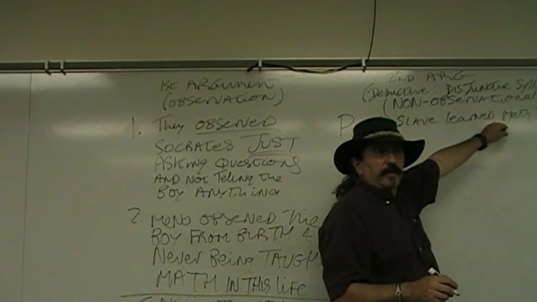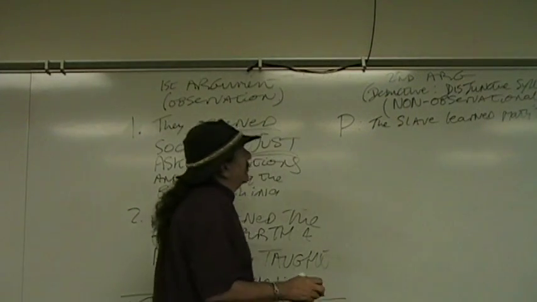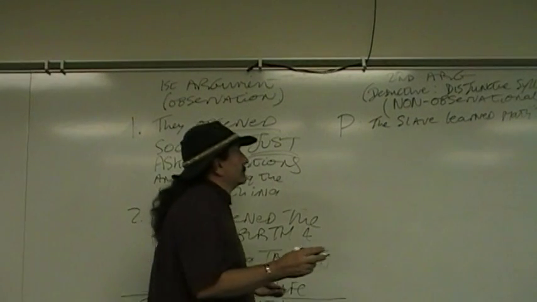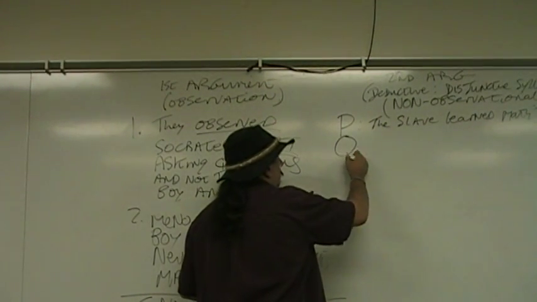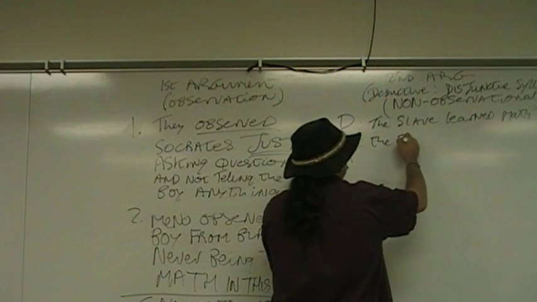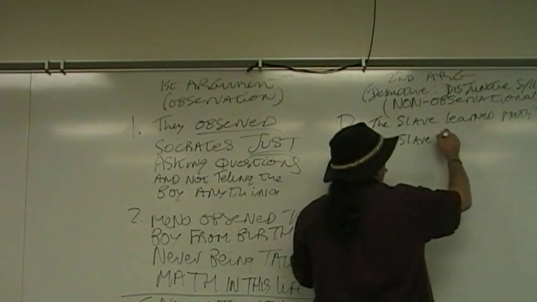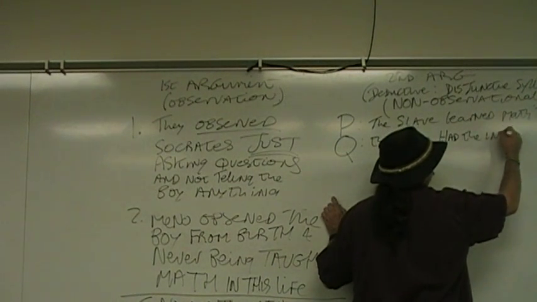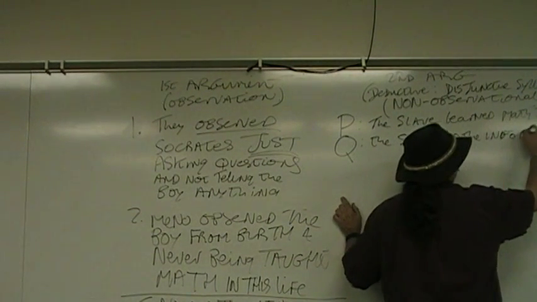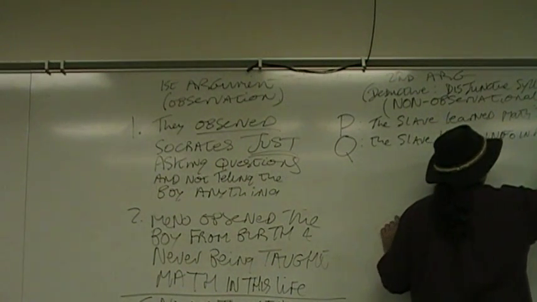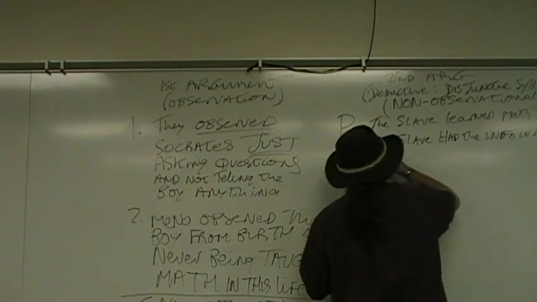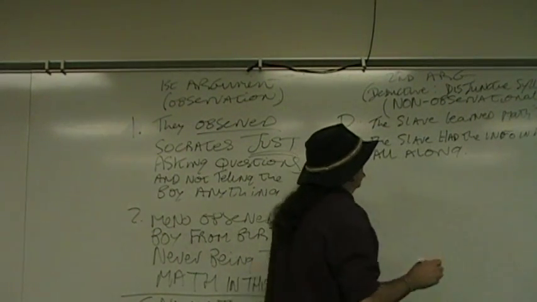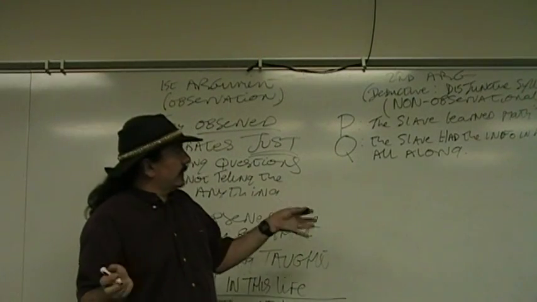So when I say P, the slave either learned math in life. Q, the slave had the info in his soul all along.